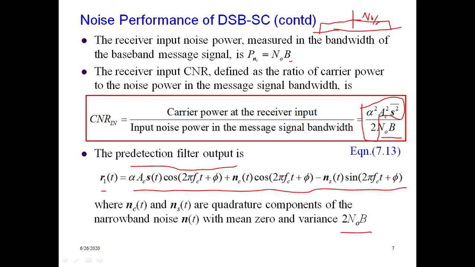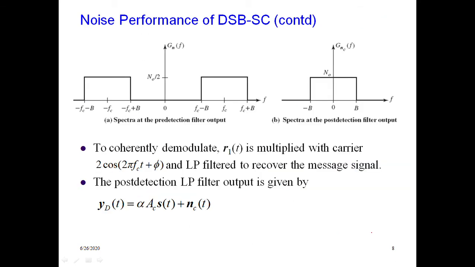Now if you want to see how it looks like, this is the signal. The noise will also occur here and here. At the demodulation part, we multiply the carrier with 2 cos 2 pi FCT, and also a filter to recover the original signal.